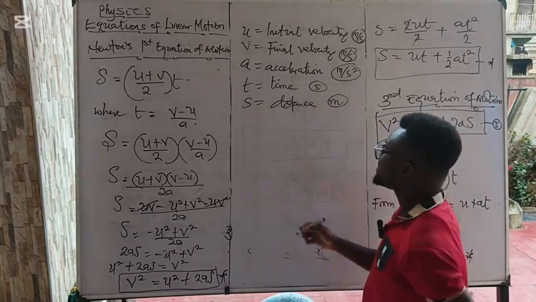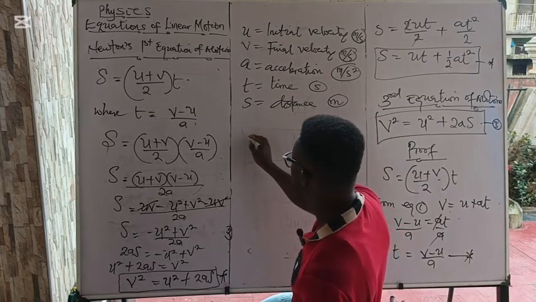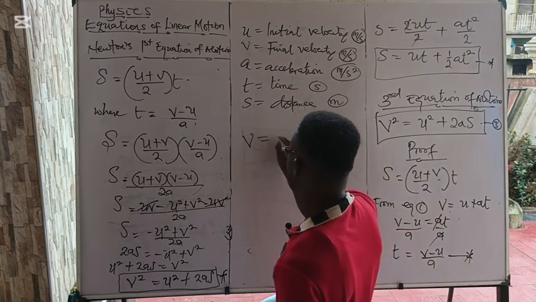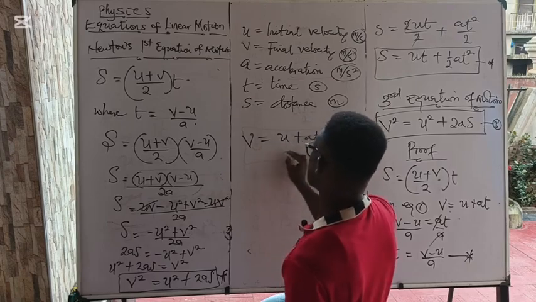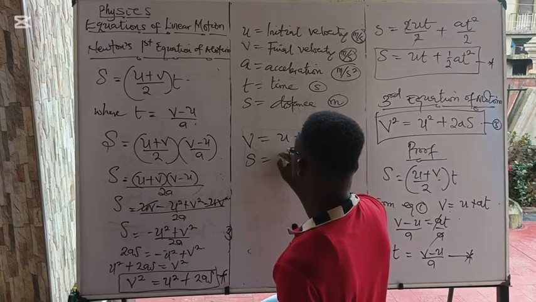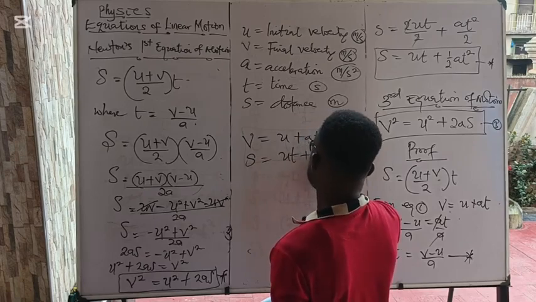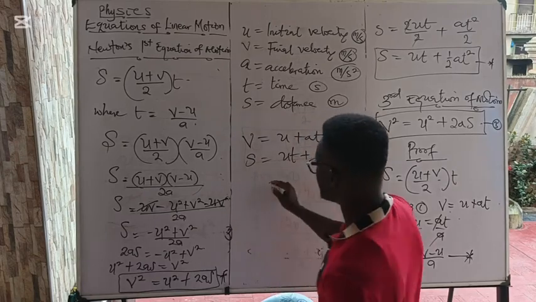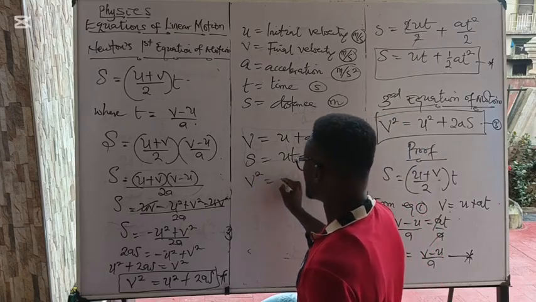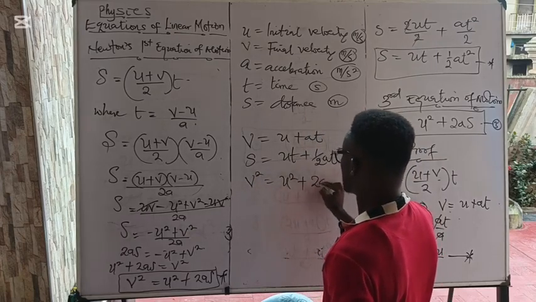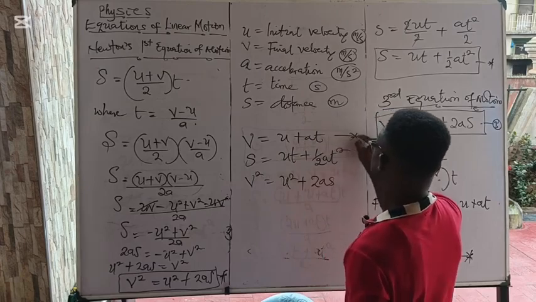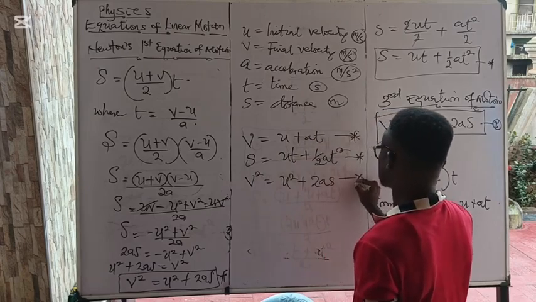Now, the three formulas in summary, we have v equal to u plus at, then s equal to ut plus half at squared, and v squared equal to u squared plus 2as. So these are the three equations of motion.